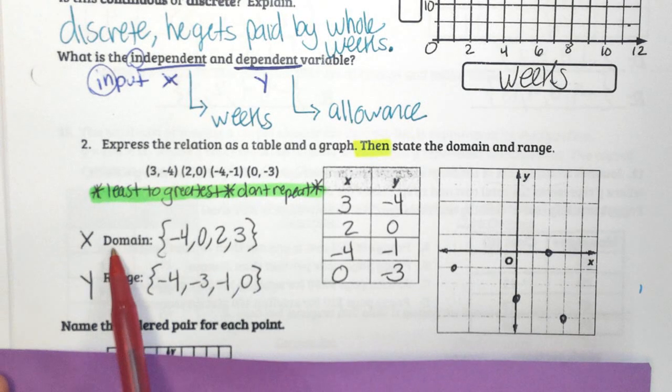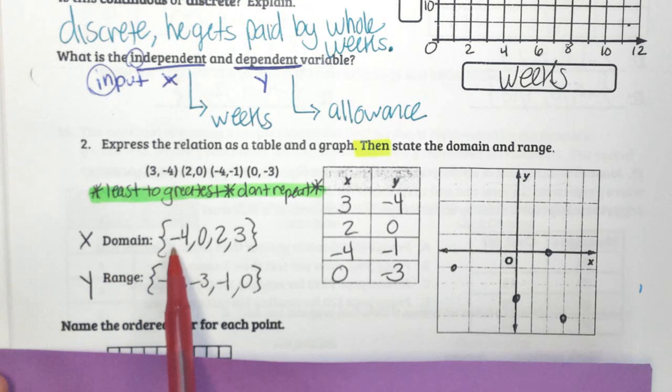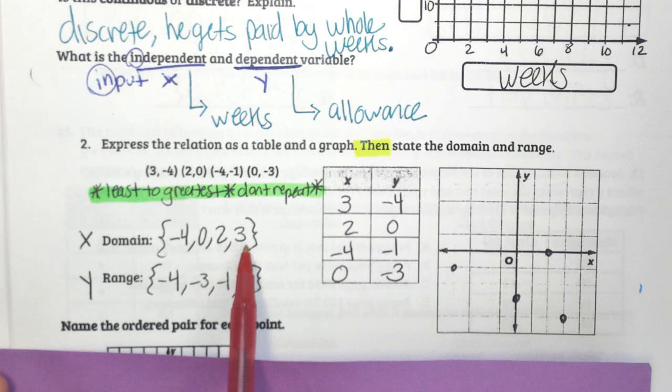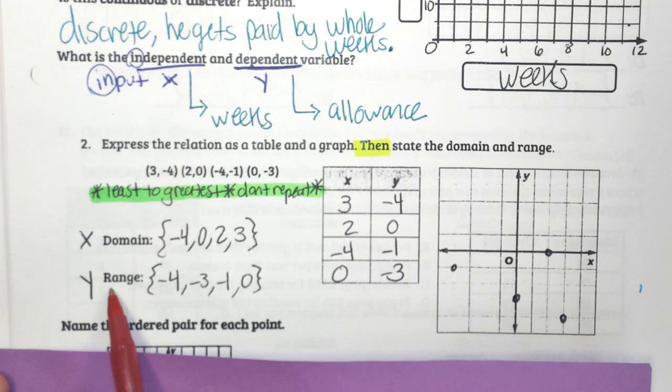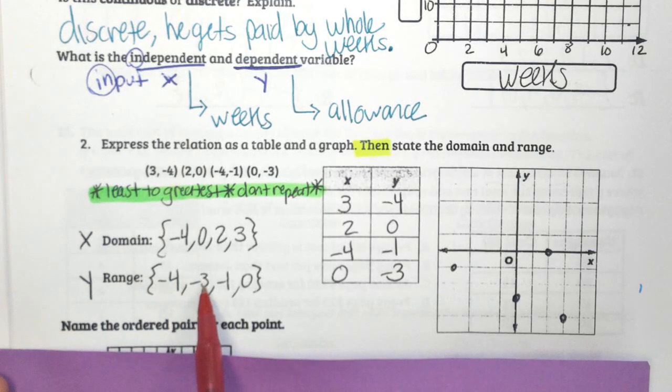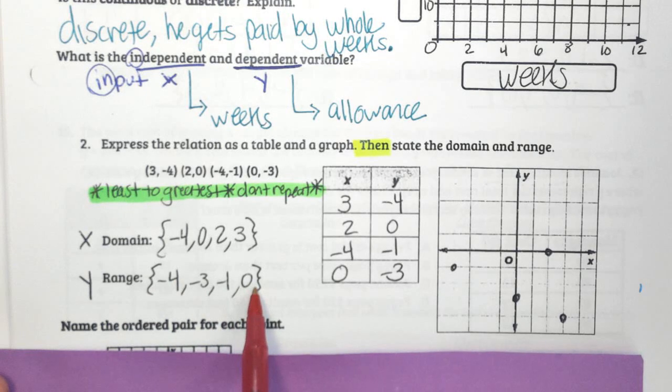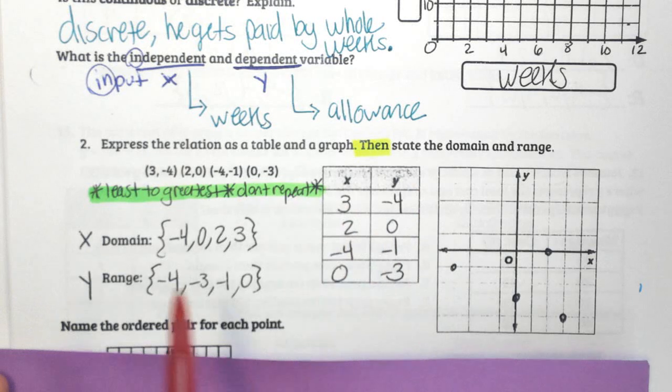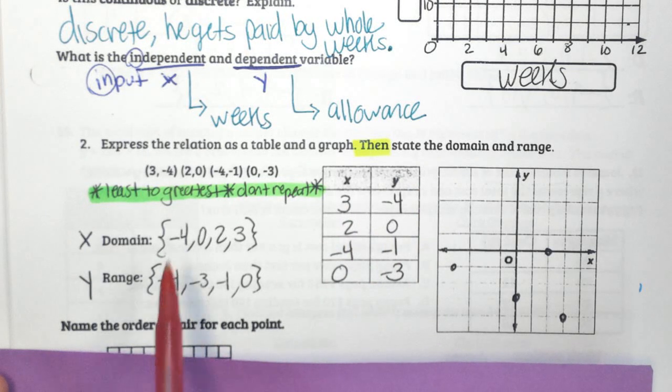So, domain is your x values, but you're putting them in order, least to greatest. So, -4, 0, 2, and 3. Your y values for all of them, but again, least to greatest, -4, -3, -1, 0. So I had some people that were filling their table in then as -4, -4, and 0, -3. No, no, no, do not do that.